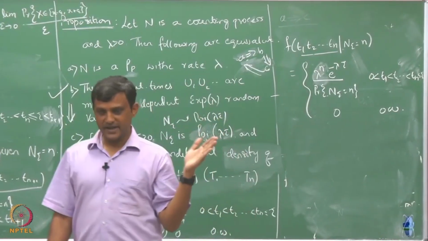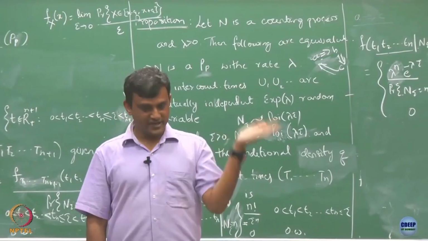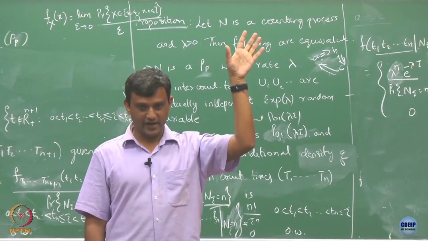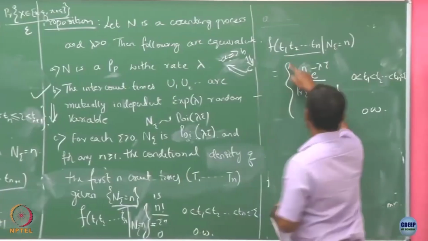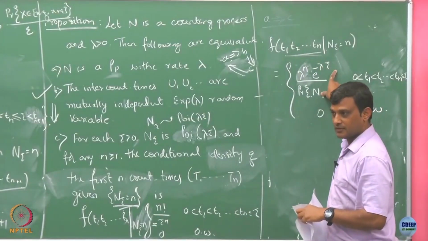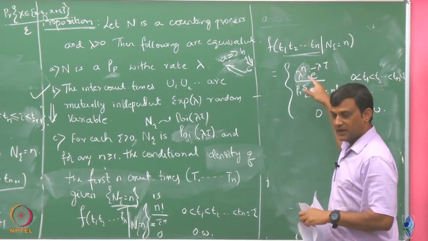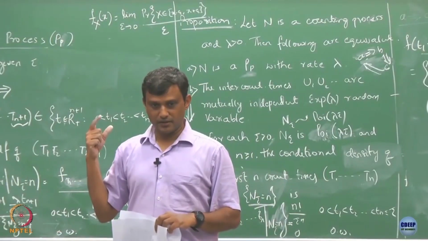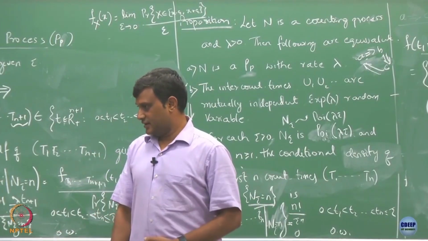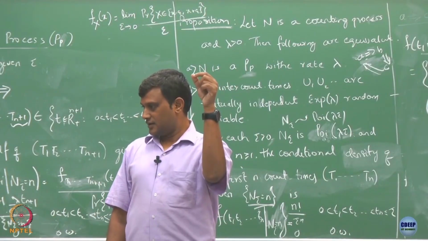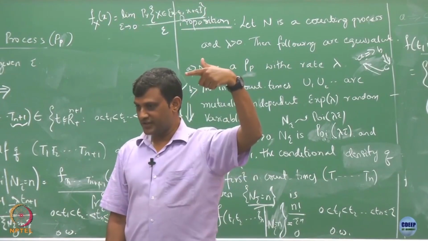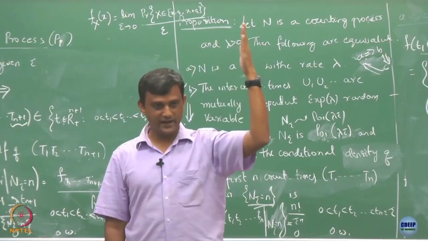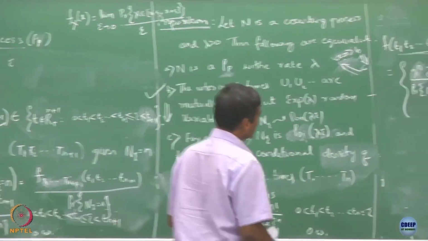If I have a PDF which is independent of my argument, that means at every point it is going to take the same value, right? Like in this case, you give me any point, it is going to take the same value. Further, if I integrate this over the entire region, it should equal 1. That means necessarily that at every point this function is nothing but the reciprocal of its area, right? Then only if I integrate a constant will I end up with the value 1.